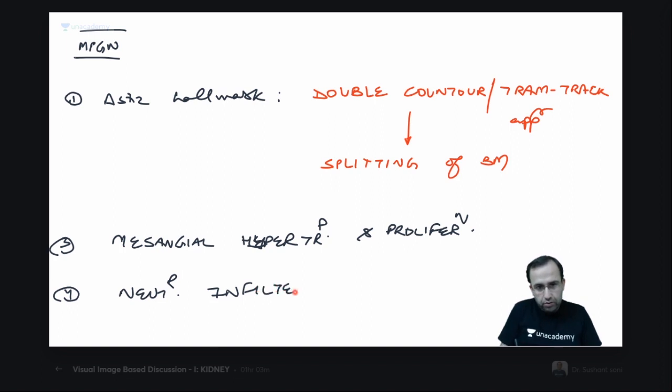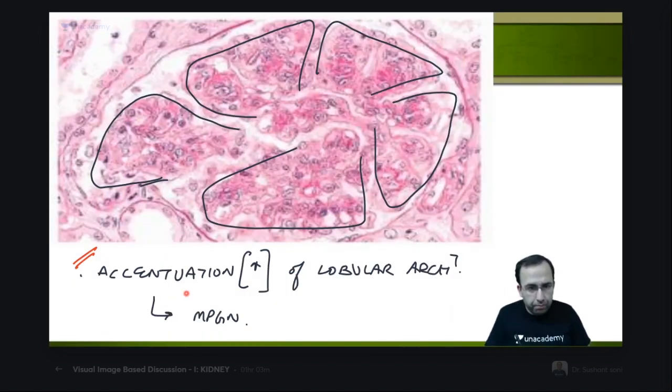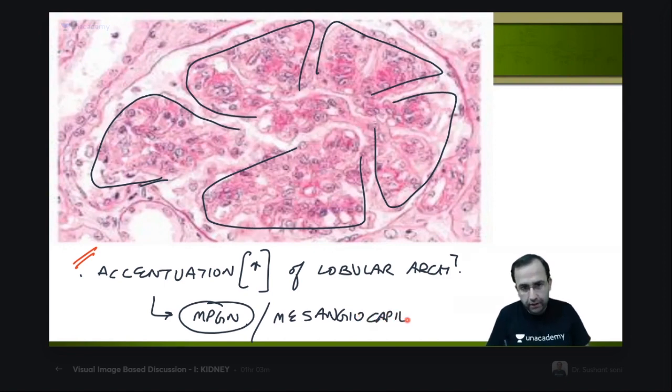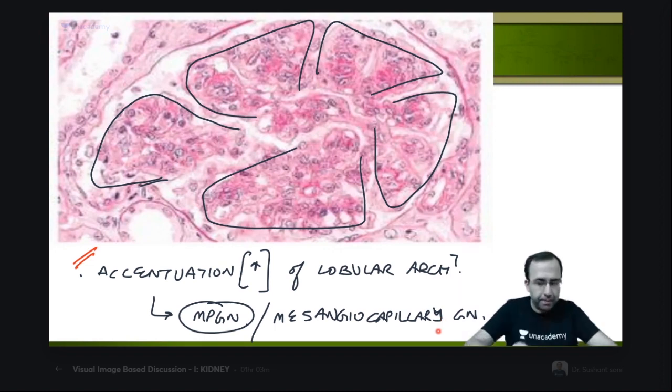This is MPGN, membranoproliferative glomerulonephritis, also called mesangiocapillary glomerulonephritis.